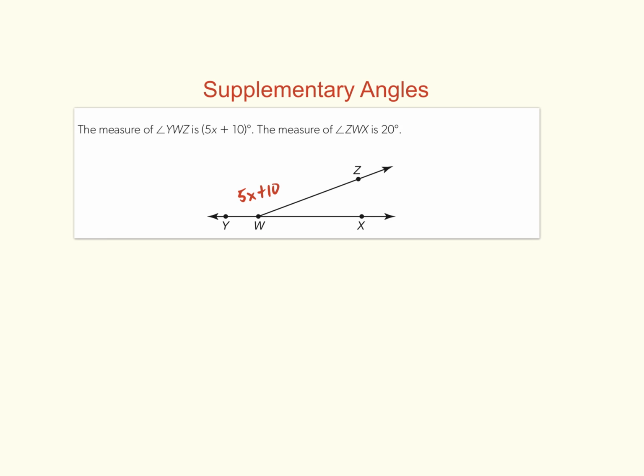And it says the measurement of angle ZWX. So we're going to write it as ZWX. As you can tell, the vertex is always in the middle. That's why it says YWZ. The vertex is at W. ZWX, the vertex is in the middle. And then X. So now, this angle's measurement is 20 degrees.